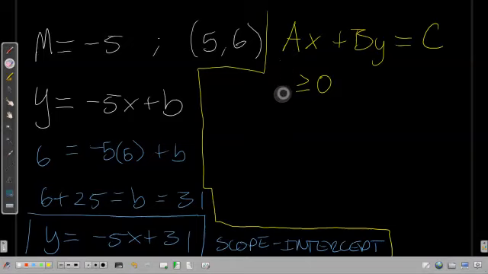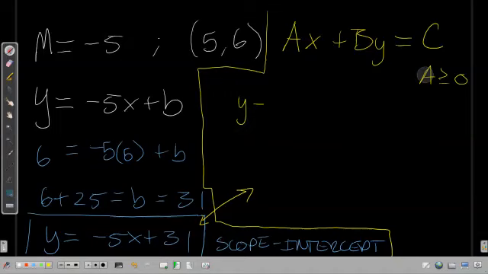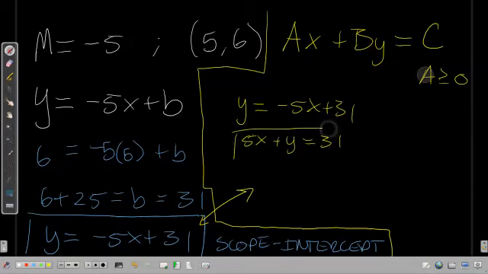So what you need is for the x term and the y term to be on the same side. You need to make sure that the coefficient on the x is not a negative number and that there's no fractions. So you can build it out of your slope-intercept form, starting with the idea that y is -5x plus 31. Just add 5x to both sides. Then 5x plus y, that's 31. There's my standard form.